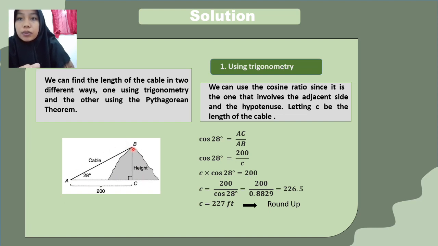Because AC is 200 and AB is C, C times cos 28 degrees equals 200. So we have C is 226.5, and to the nearest foot, C equals 227 feet.